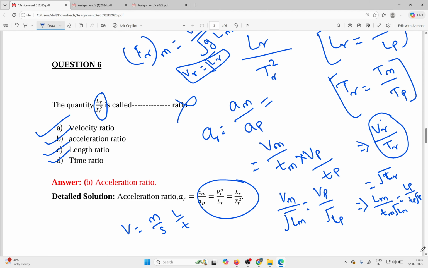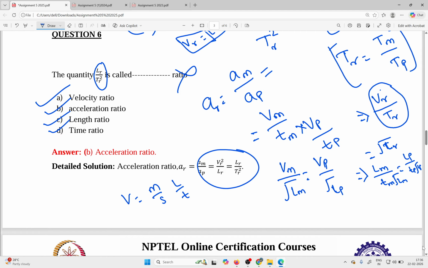Now we'll move a little bit lower. Lm is nothing but, so root Lm will cancel out, here only root Lm divided by Tm is equal to root Lp divided by Tp. So root Lm divided by Lp is equal to Tm by Tp.